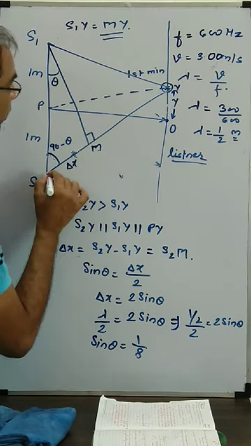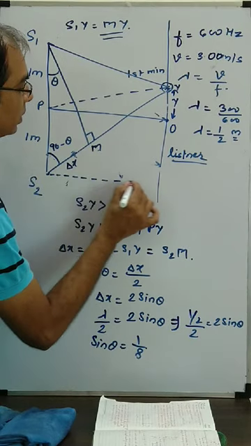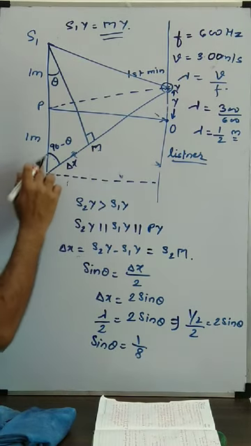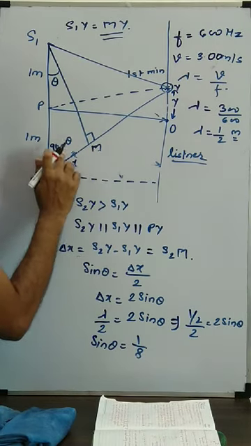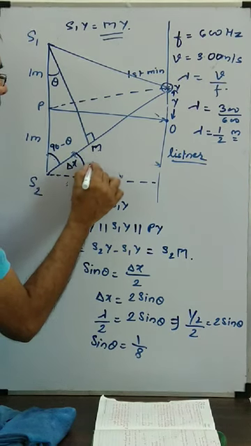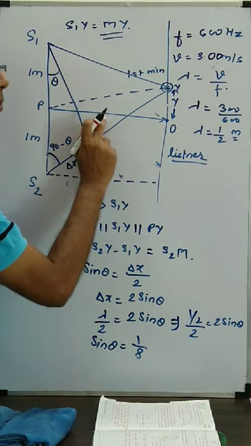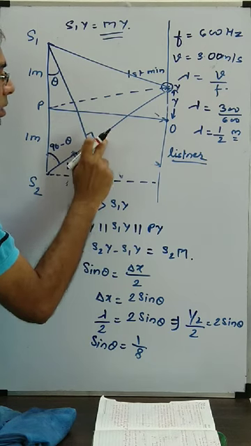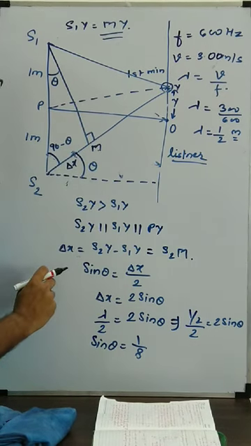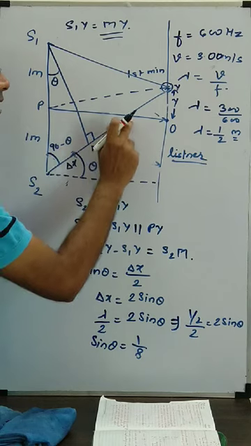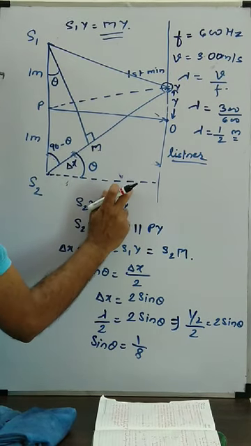Now if I draw a horizontal line, this is vertical, this is horizontal, this is 90 minus theta, that means this angle is theta. And these lines are parallel to each other, because this is horizontal.